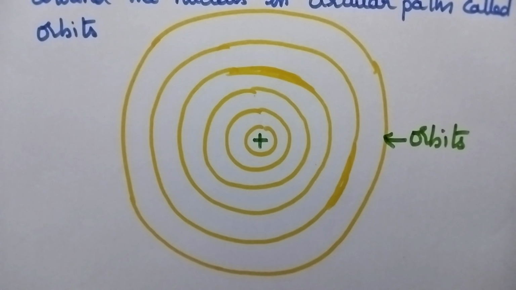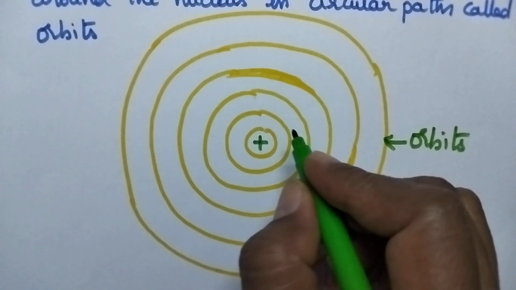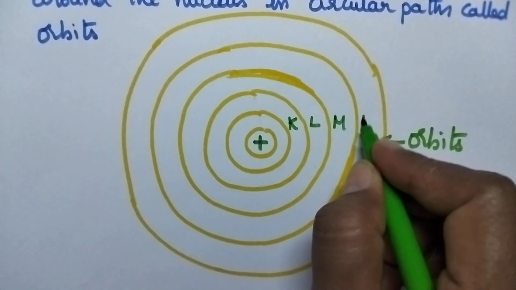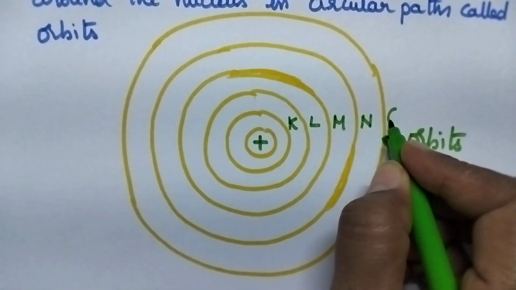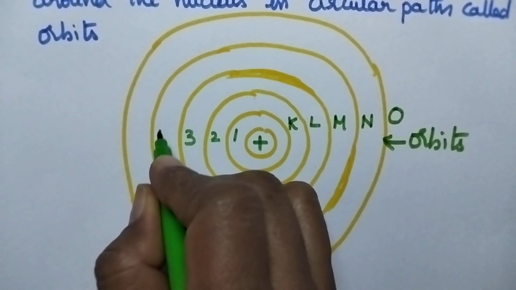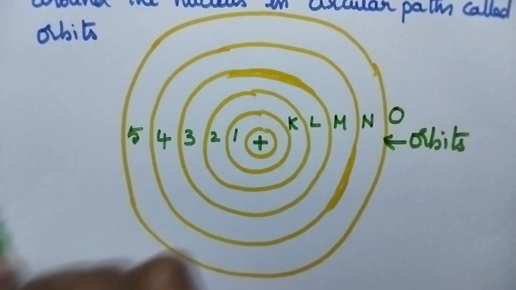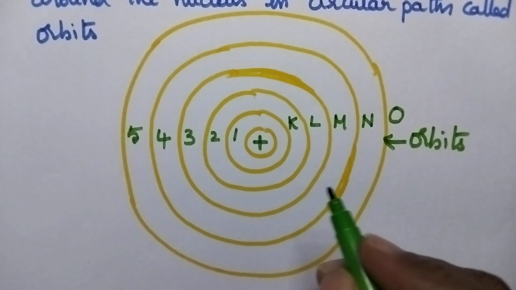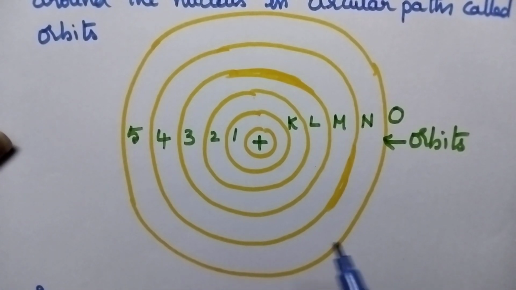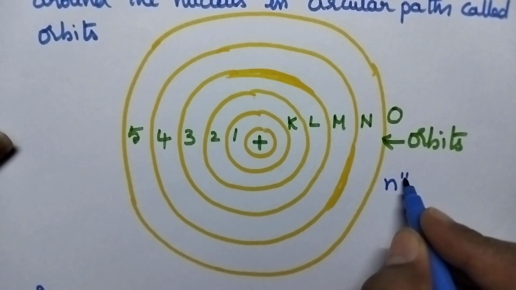Each orbit is denoted by principal quantum number n, and the value of n varies as K, L, M, N, O, or 1, 2, 3, 4, 5. So, each orbit is denoted by the principal quantum number, small n.